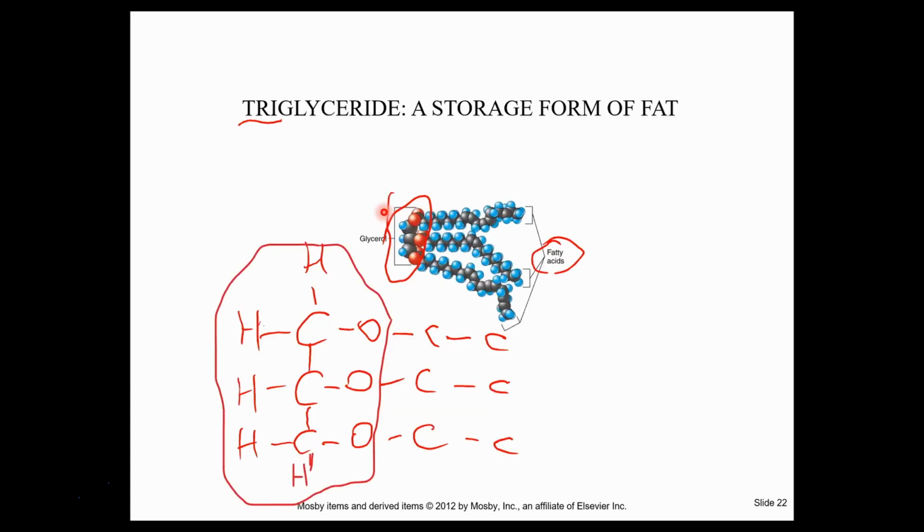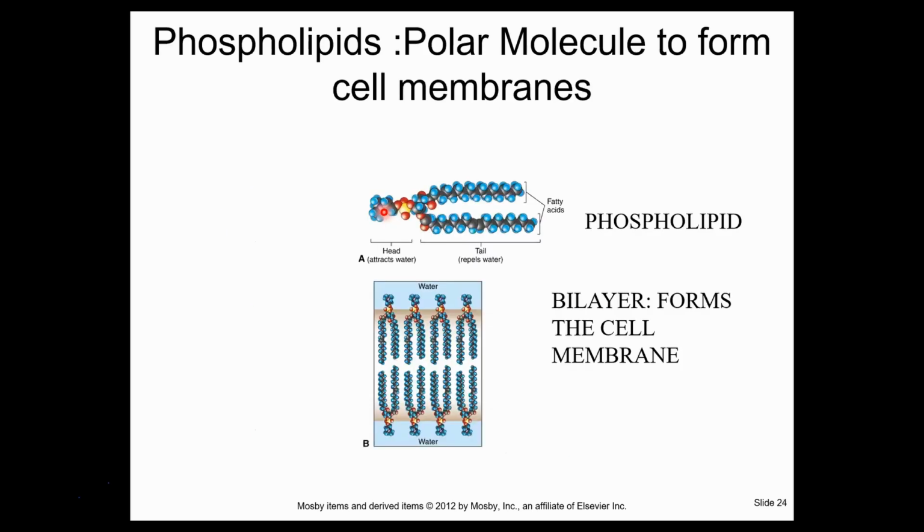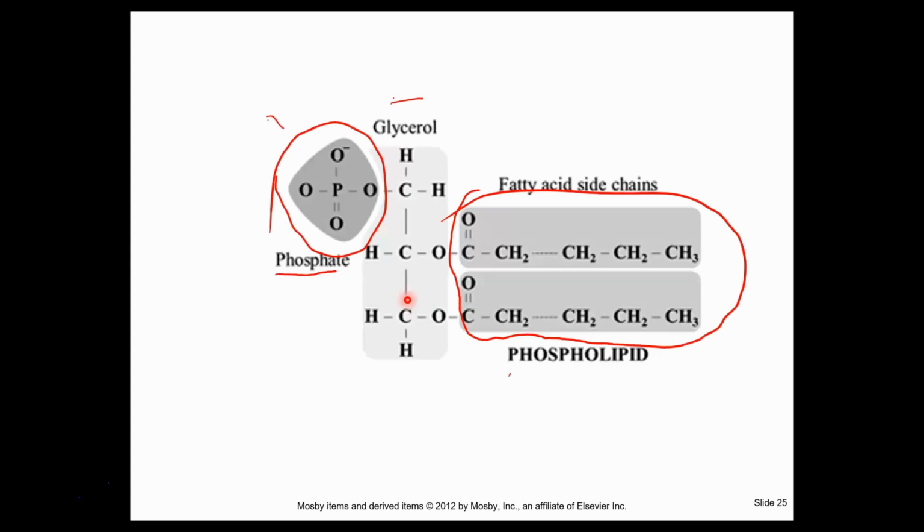Now, what is interesting about the phospholipids is that they have both polar and non-polar parts. So the phospholipid head is polar, as you can see it here. It's a polar head.